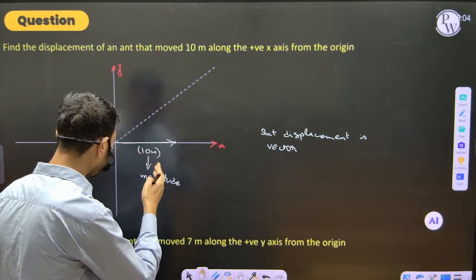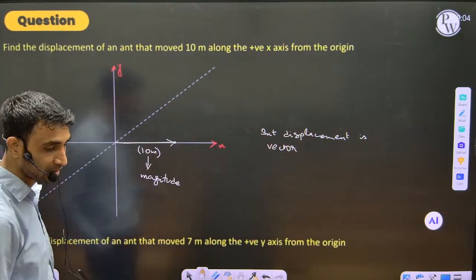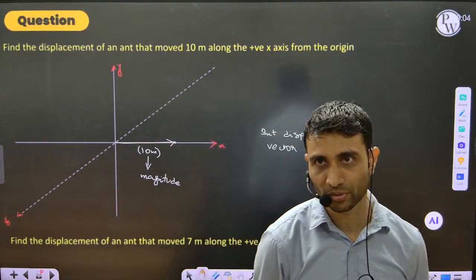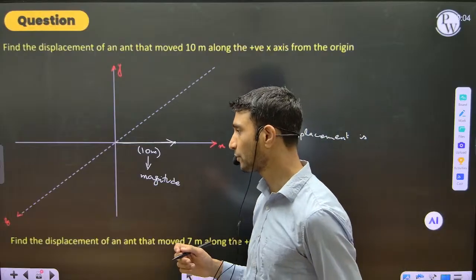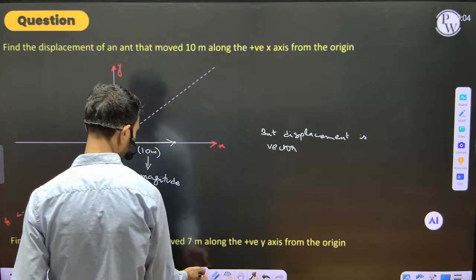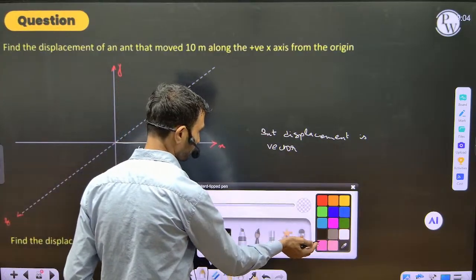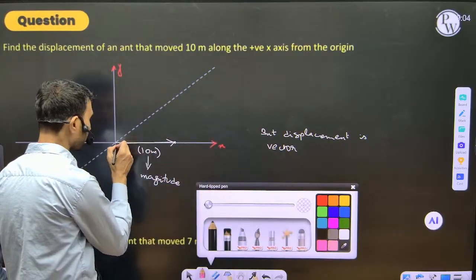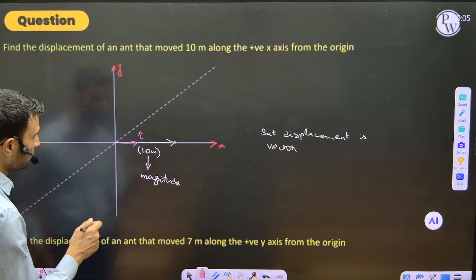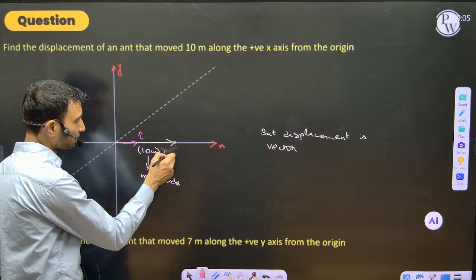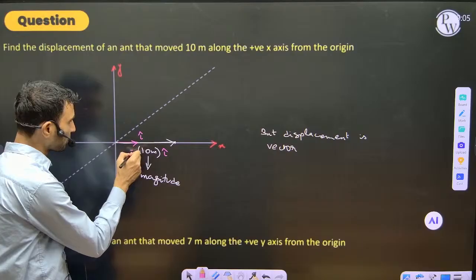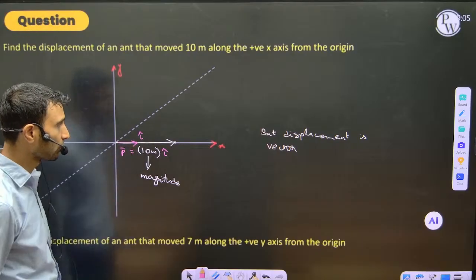So simply writing 10 meter will not give me displacement, because that's just a scalar quantity, right? So I have to make it a vector, and how do I make it a vector? By multiplying it with direction, right? And what is the direction? Direction is i cap. So if I multiply with i cap, it becomes 10 meter i cap, and that entire thing is called P vector, which is the vector quantity.